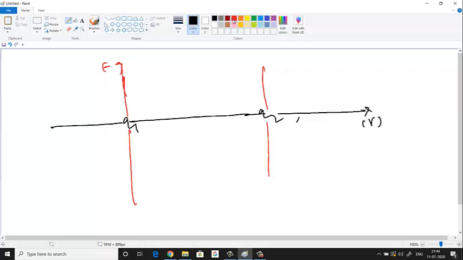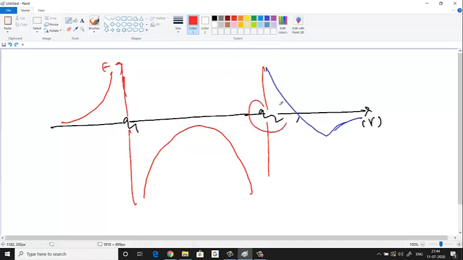They gave you the graph like this, say. So what can we conclude about Q1 and Q2?